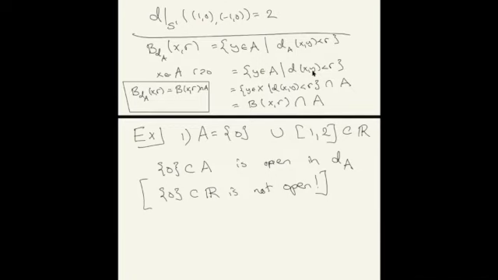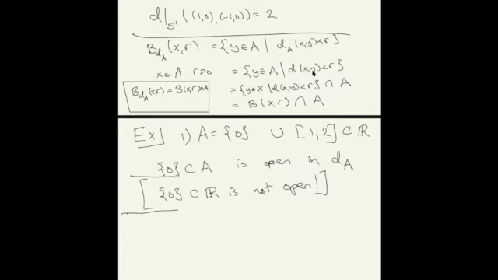I won't prove this claim that {0} is not an open set in R. You can prove it just using the definition. If you take a small ball of radius r, it will contain points that are not equal to 0. That's fairly automatic. But it is an open subset in the restricted metric.